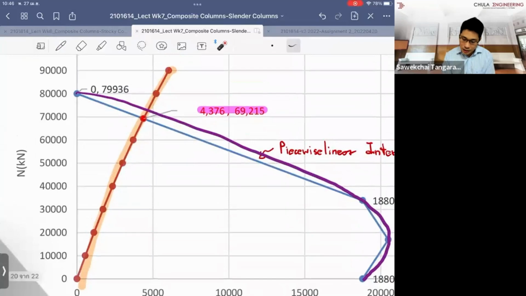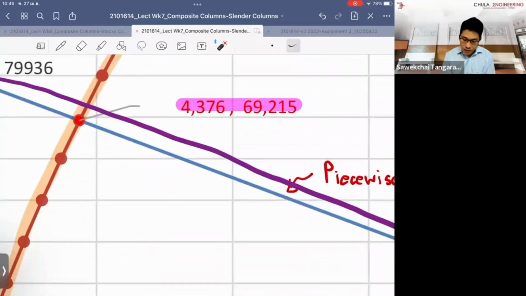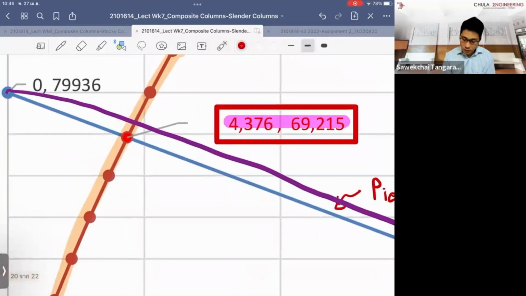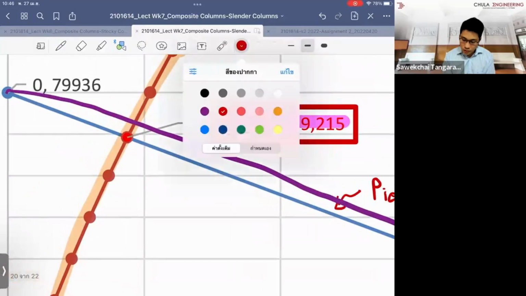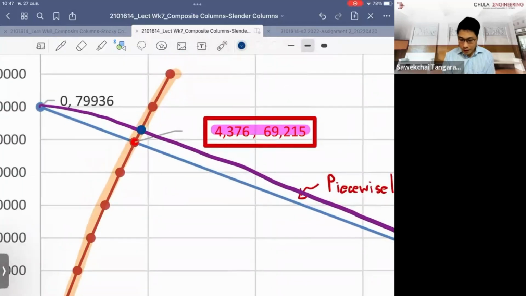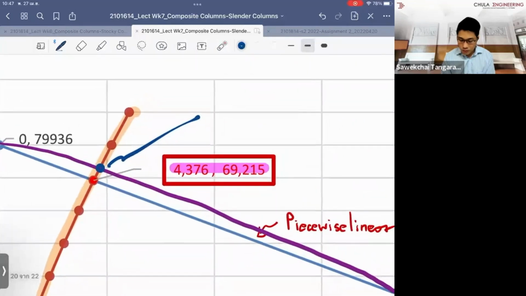So you might see the capacity you can have at the most, if you compare between the interaction diagrams and also the column curve approach. So basically you compare with the nonlinear diagrams here, the failure that you can have, which is the maximum location, the maximum applied force at this point will be more, right?